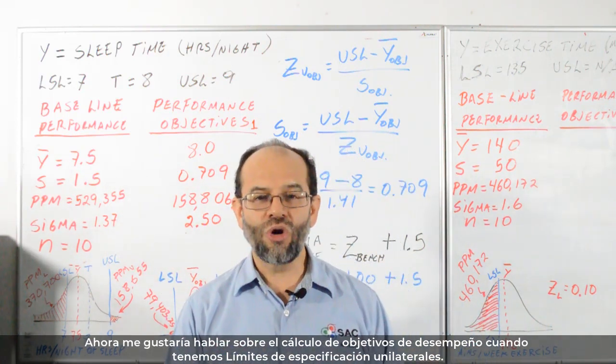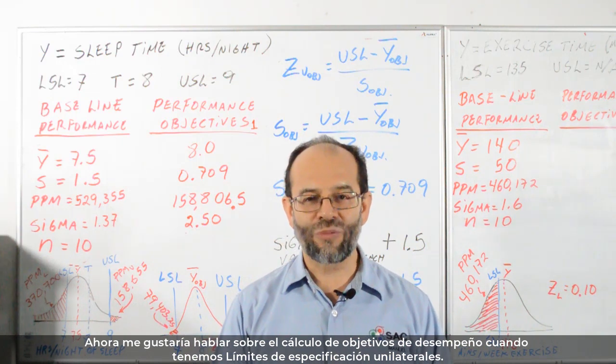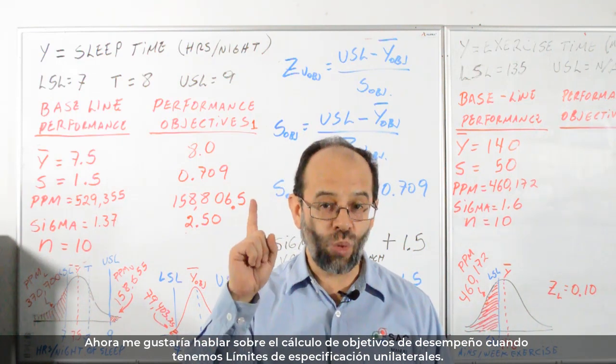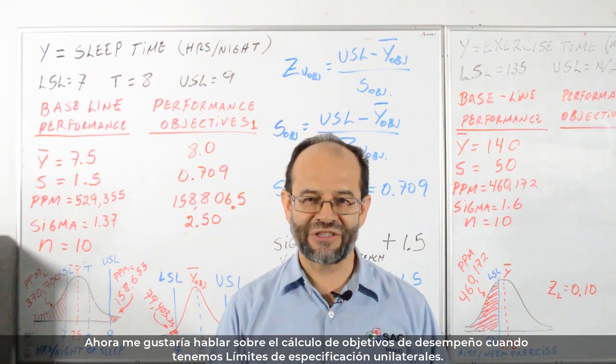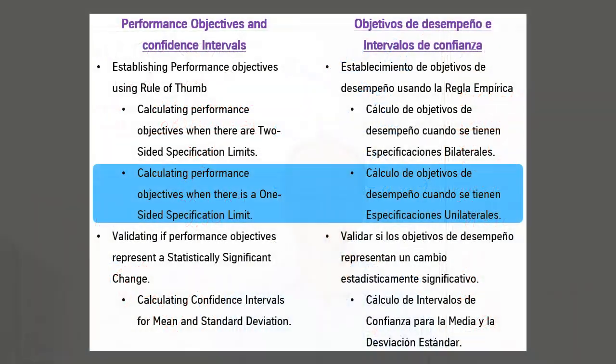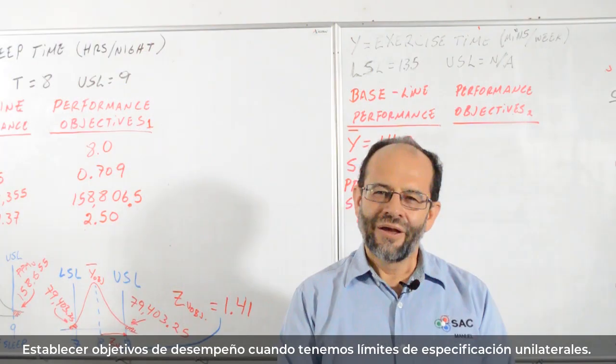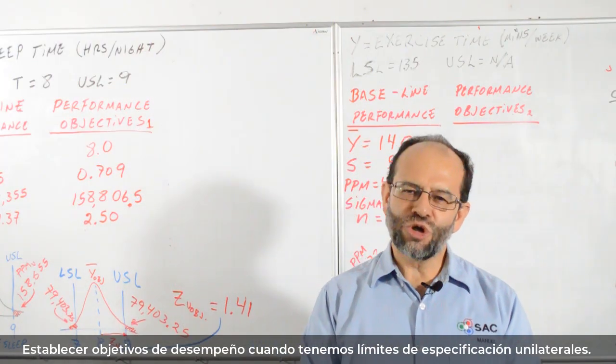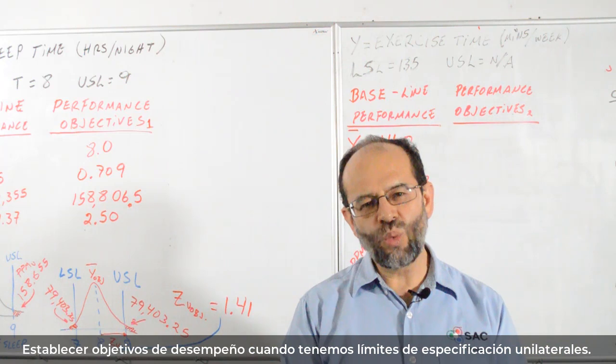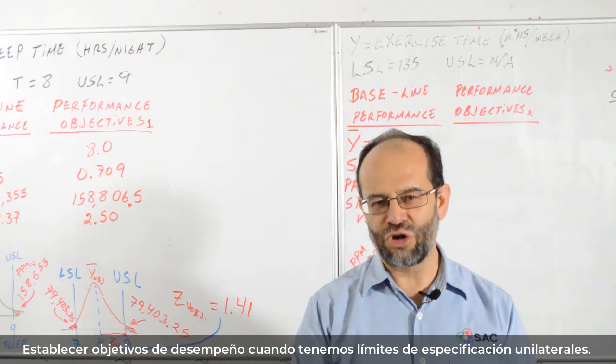Now, I would like to talk about calculating performance objectives when we are having one-sided specification limits. Establishing performance objectives when we are having one-sided specification limit.